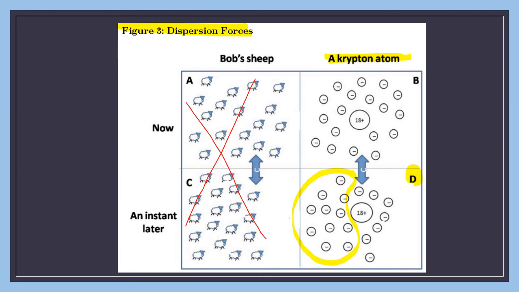When they're over here, this side becomes partially negative, this side becomes partially positive, but this just happens for a second, and it happens when there's another atom nearby on either side. And there would just be a little force between them.